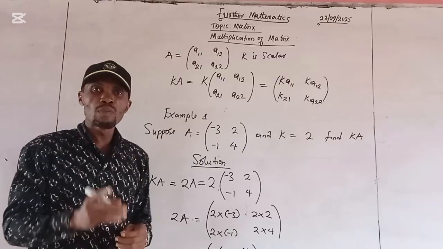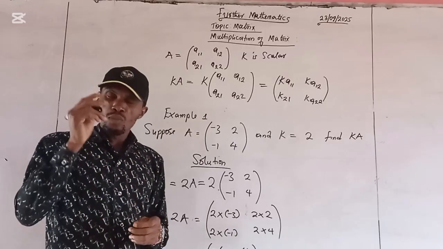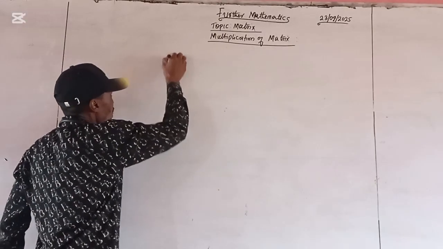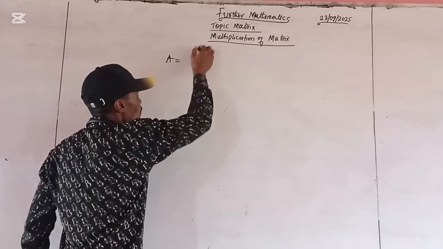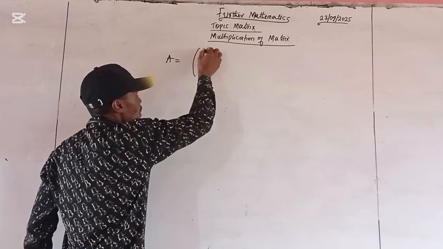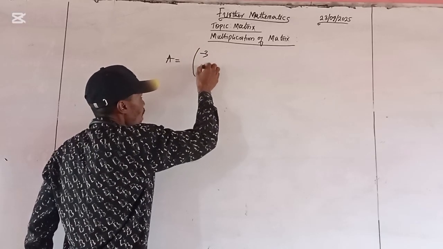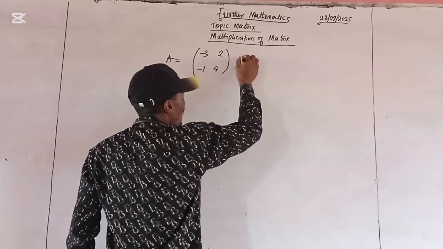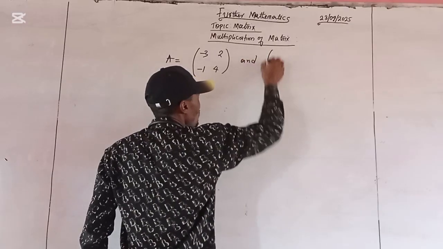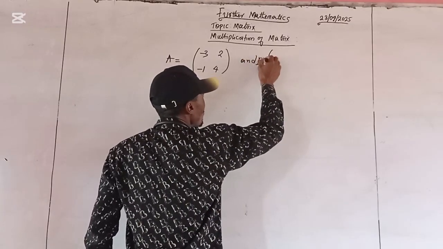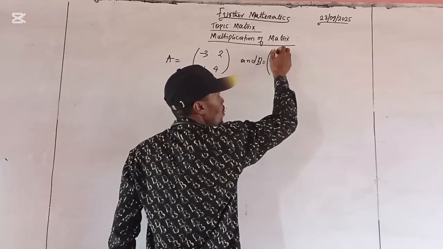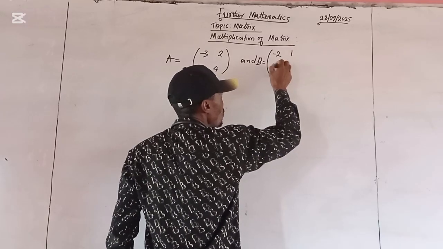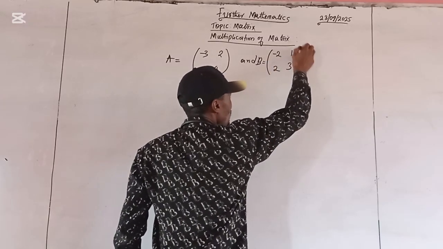Without much ado, let us quickly look at other forms of multiplication of matrix. We are going to be considering multiplication of matrix, 2 by 2 matrix. Suppose A is equal to -3, -1, 2, and 4, and B equal to -2, 1, 2, 3.